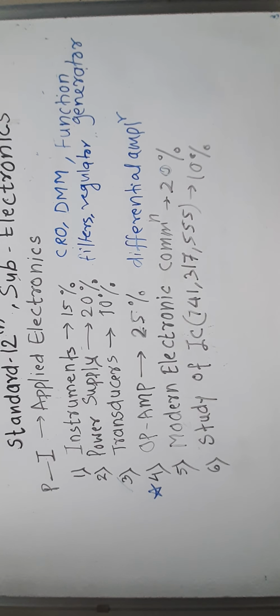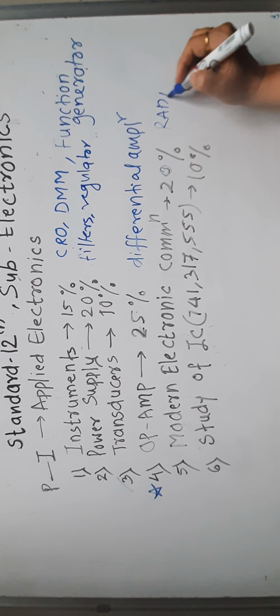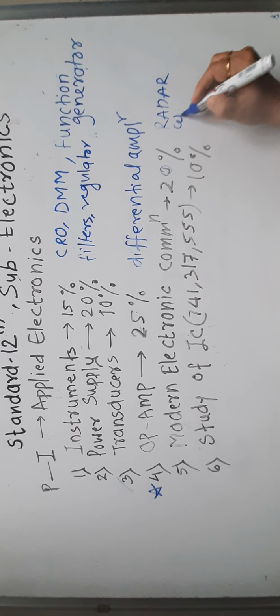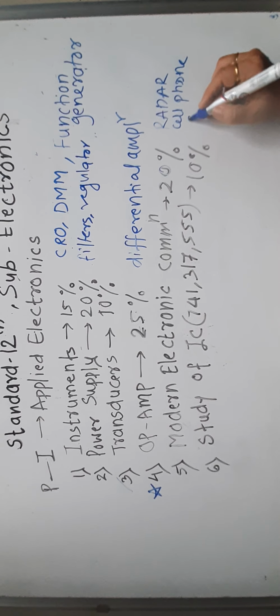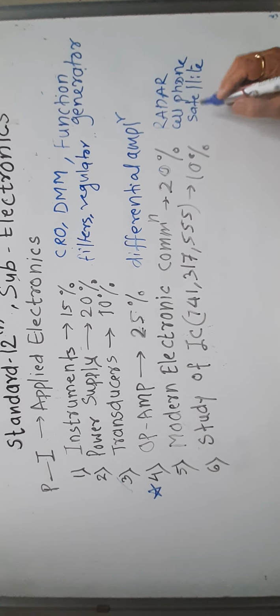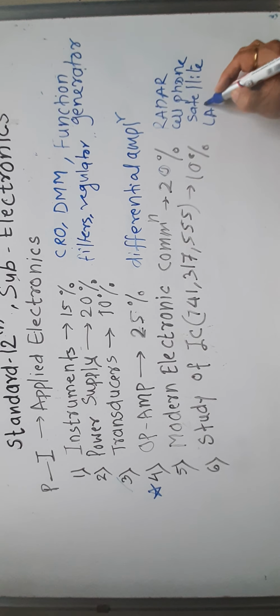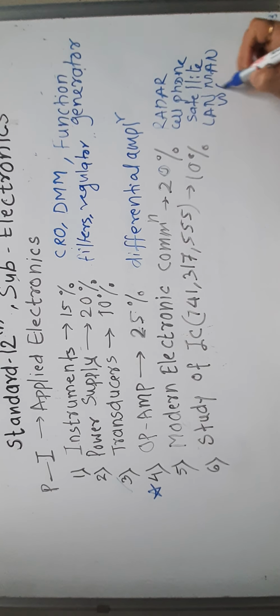In this chapter we will see different types of communication systems, like radar, cell phone, then satellite communication, then network topology, then types of network like LAN, MAN, WAN.